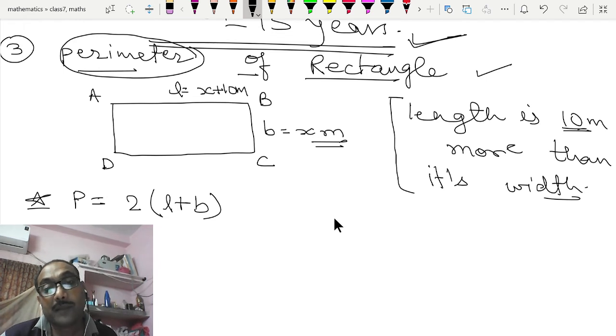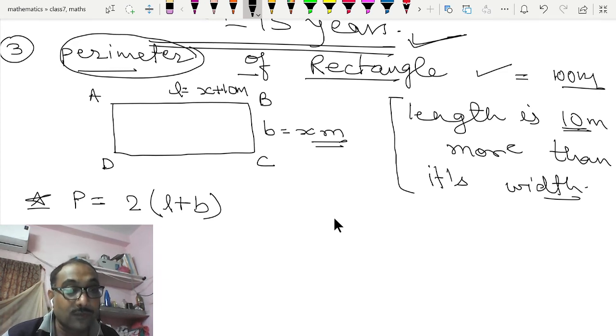And suppose the perimeter of rectangle is given as 100 meter, then you will have to formulate this word problem into equation form like perimeter is equal to 100 meter, 2 into, and length is 10 meter plus x, and width is only x.